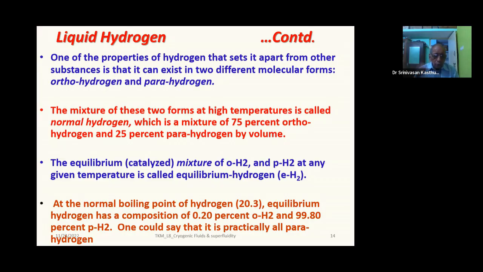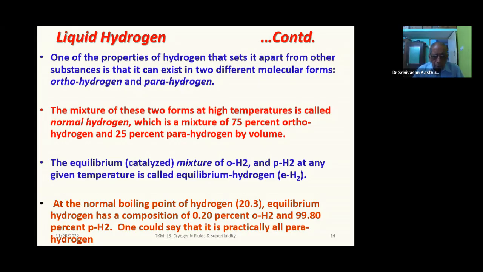So you need to take care of this because during the liquefaction process, this conversion does not take place by itself. And we already saw that you need to use specialized catalysts during the liquefaction so that the ortho-para conversion takes place. The equilibrium catalyzed mixture of orthohydrogen and parahydrogen at any given temperature is called equilibrium hydrogen. Okay. That is, if you have an equilibrium mixture, then it's called equilibrium hydrogen.